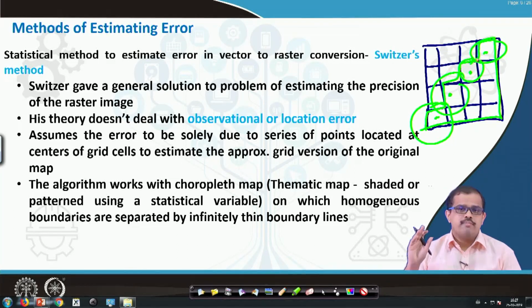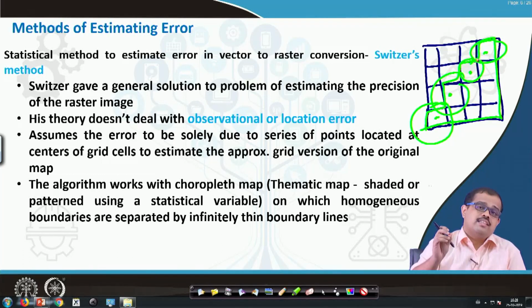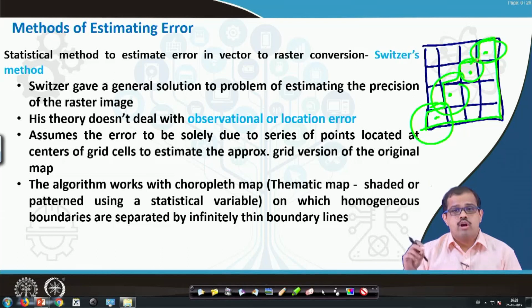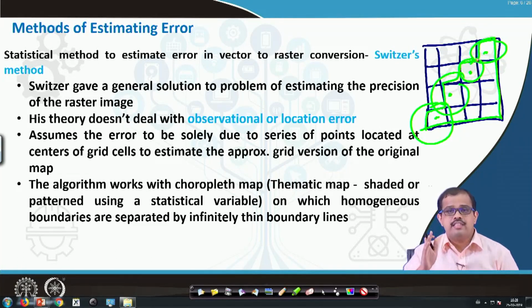The algorithm basically works on thematic maps, also called choropleth maps. These are special maps which have shaded or patterned regions using certain statistical variables, on which the homogeneous regions are separated by infinitely thin boundaries.